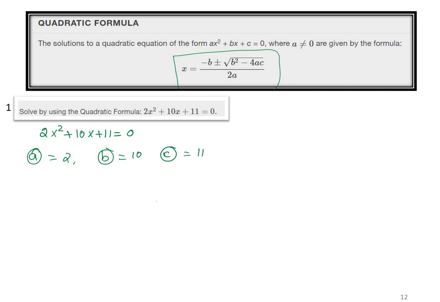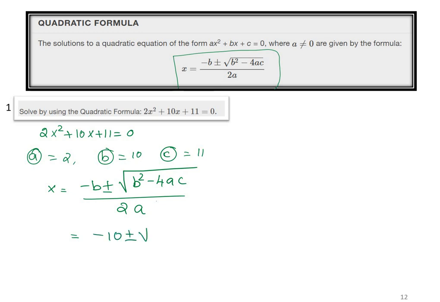Okay, so what is the formula? x is equal to negative b plus or minus square root of b squared minus 4ac divided by 2 times a. Plug in the values. Negative 10 plus or minus square root of 10 squared minus 4 times 2 times 11, just plug in the values of a, b, and c, divided by 2 times a.